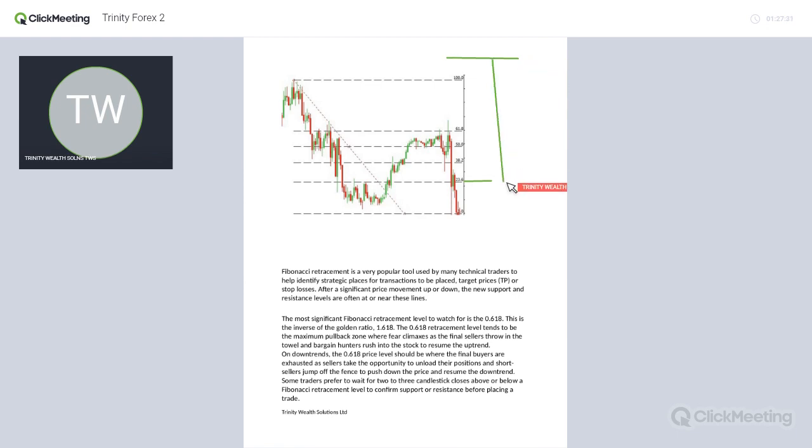Remember, even if you enter here, your stop loss must be here. All right? So look at that risk. So 23.6, I don't. In fact, when you go to the platform, you realize in my Fibonacci ratios, I've already removed the 23.6. To me, it does not exist, because it does not really give me a very good risk-reward ratio.